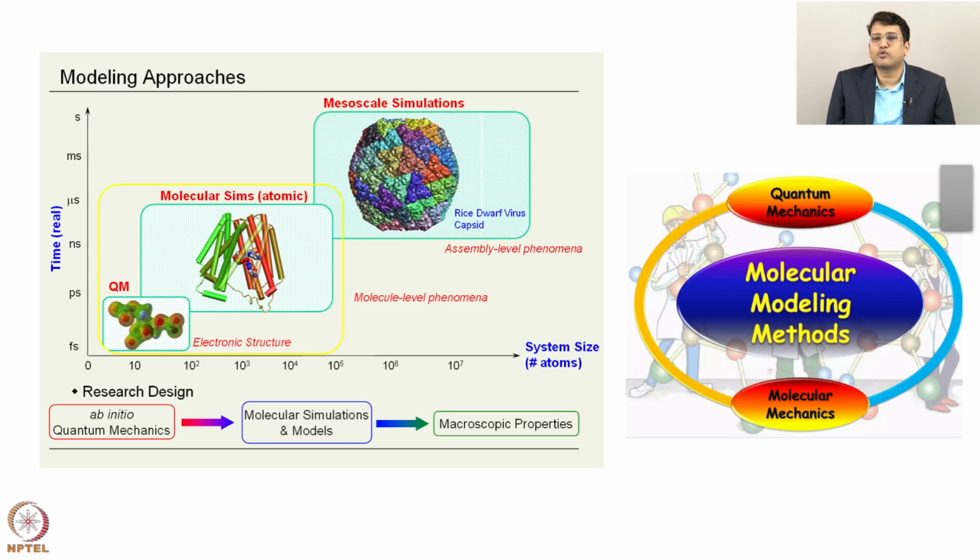So, for most of the purposes in this course, we are going to use multi-layer modeling, where the chemically important part we are going to treat at a quantum mechanical level, and the less important part, which may act as a background for the reaction, we will treat either with molecular mechanics or in some cases with a semi-empirical method.